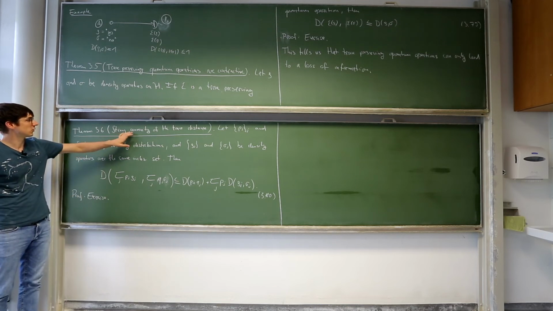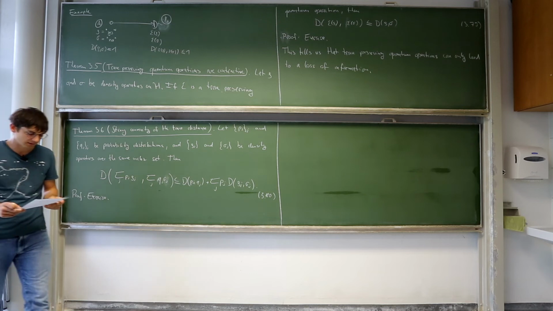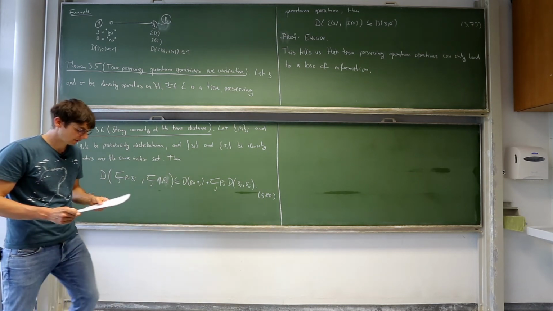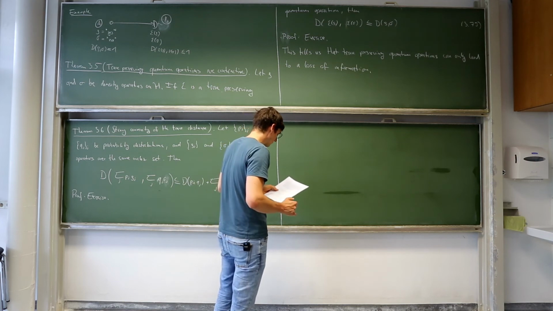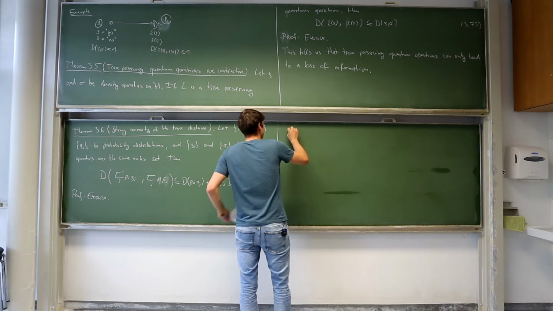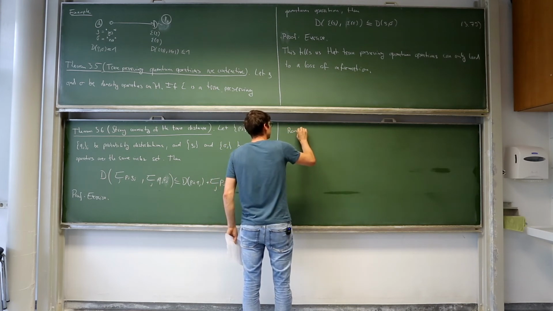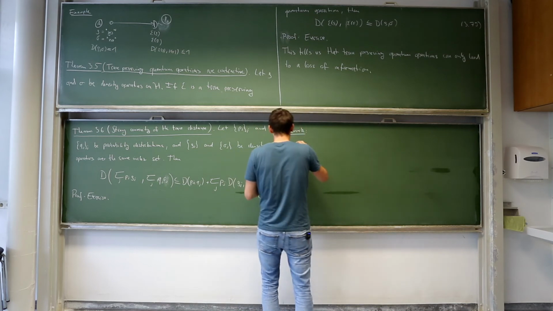And this is called the strong convexity. And from the strong convexity, we get the usual convexity property. Namely, we find that the trace distance is convex in the first entry. I state this as a remark, which directly follows from strong convexity.